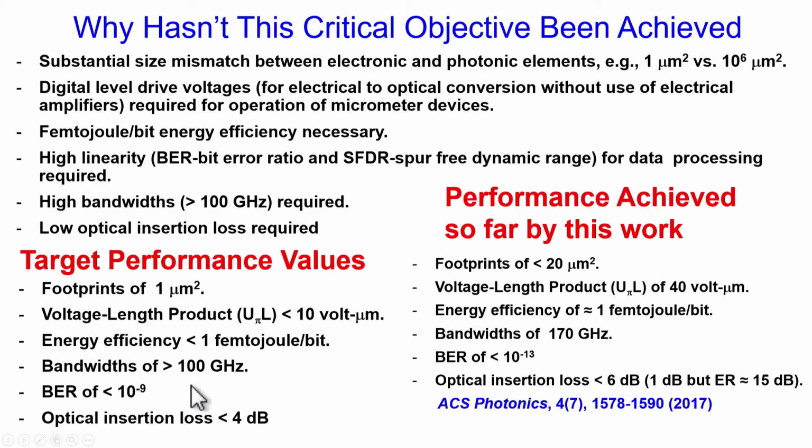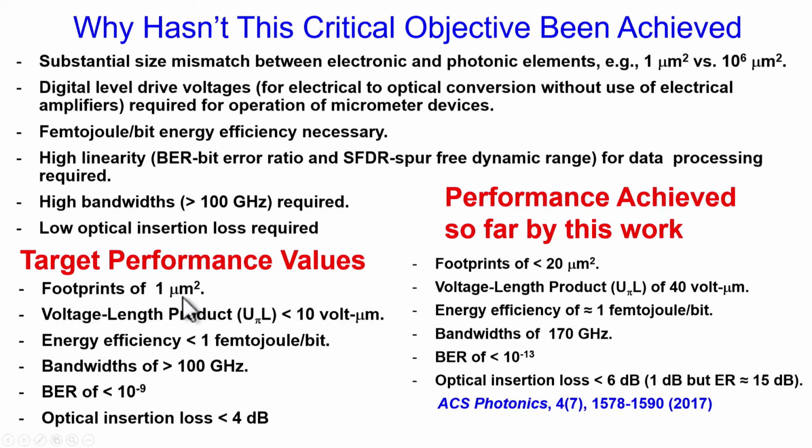And of course, target performance values will vary with application and with who you talk to. So I've taken what are, I think, some generally agreed upon values, although in some cases the argument would be made with even lower values.